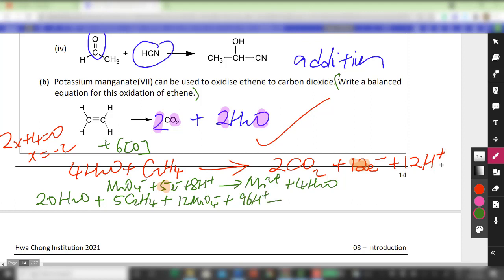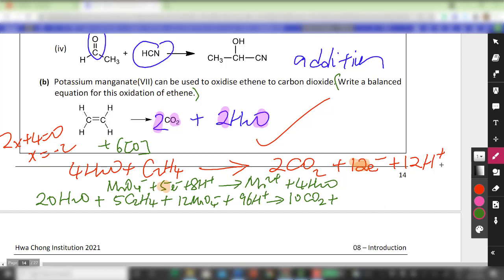You realize that the numbers grow very big, and then 10 CO2 plus... that's 5, sorry, I multiply the top by 5, right?